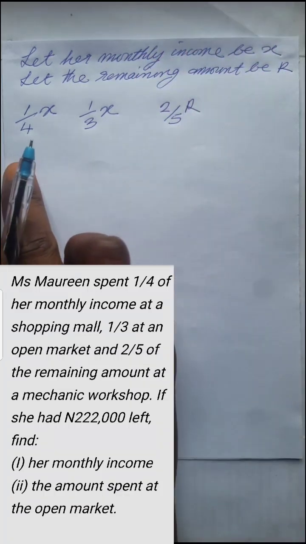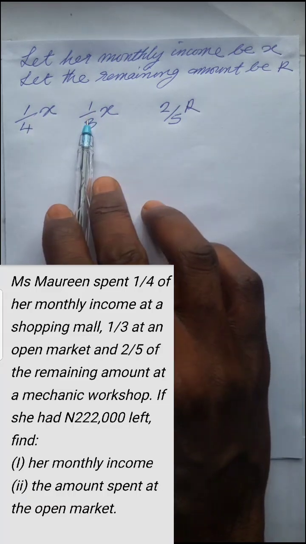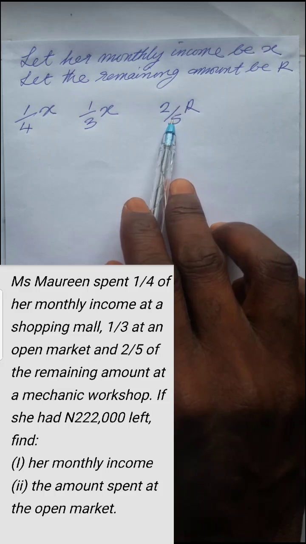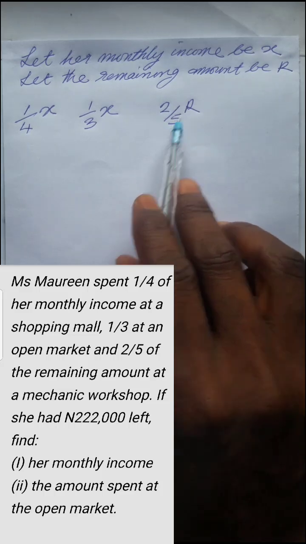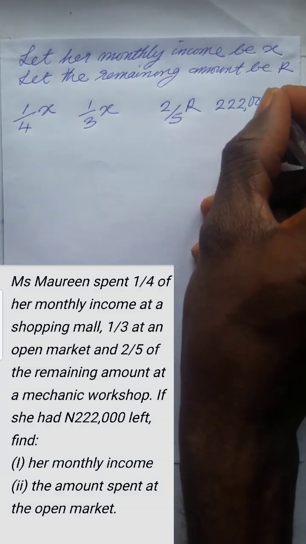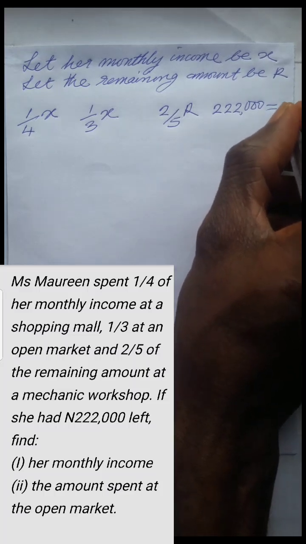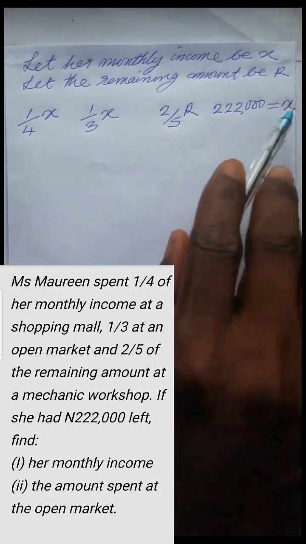So it goes that by the time I add what she spent at the shopping mall to what she spends at the open market to what she spends at the mechanic workshop, and then we are told that this amount remains, by the time I add all these together, that should be her what? Her monthly income.